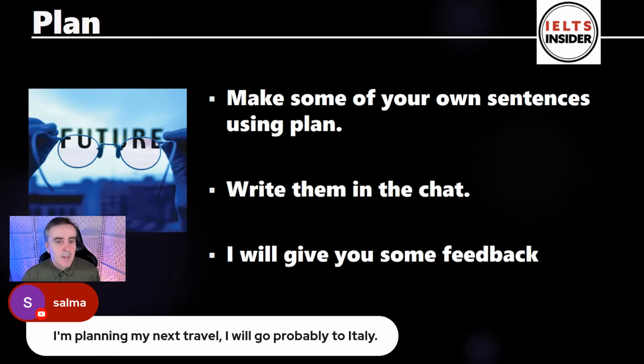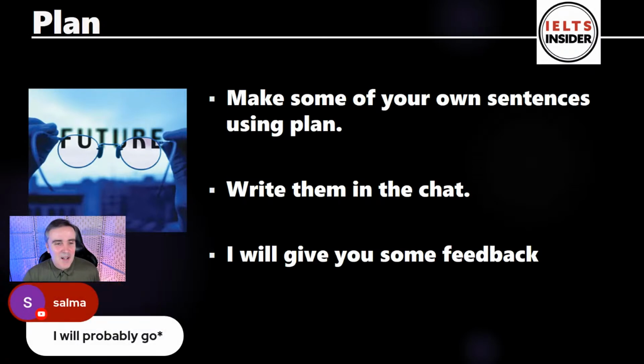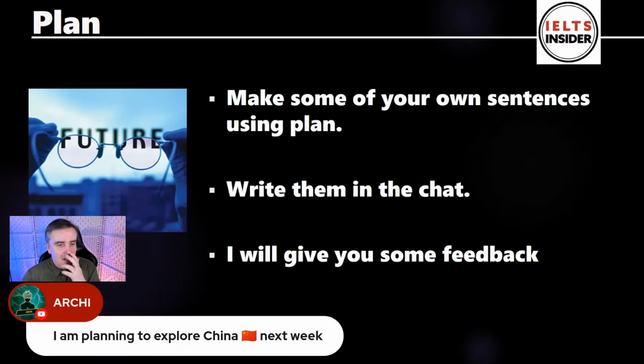So I'm planning my next trip. I will probably go to Italy. Lovely. I'm planning to go to the shop soon. Very good. Okay. I will probably go. Yes, very good, Salma.